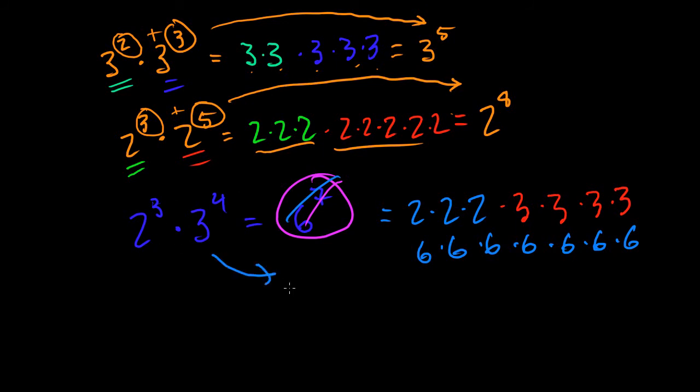In exponential form, what we get is 2 to the third times 3 to the fourth. We don't combine the bases that aren't like. If I wanted to actually multiply it out, well, I could multiply 2 times 2 times 2, which is 8, times 3 times 3 times 3 times 3, which is 81, and I would get 648.